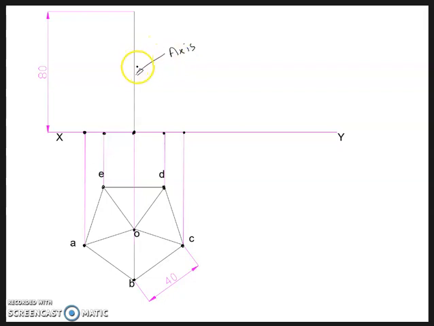Now as you know, axis is actually a center line. It is like a center line. Yes, but I have drawn this as a solid line because the edge OB overlaps the axis.